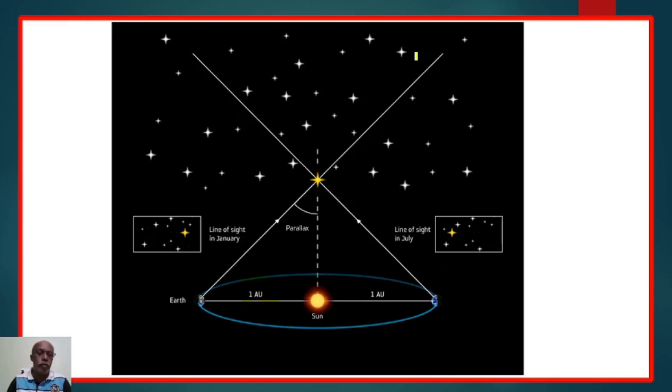In this case, it was first observed in the month of January. Similar observations are made in the month of July, that is after 6 months. You can see the star against the fainter stars. There is a slight change in the background stars which is negligible.